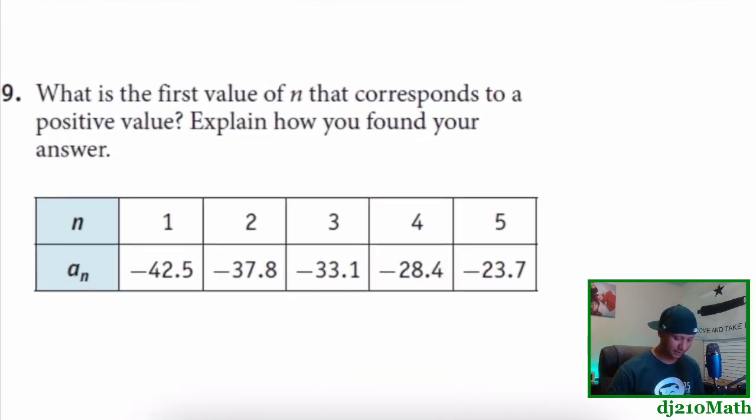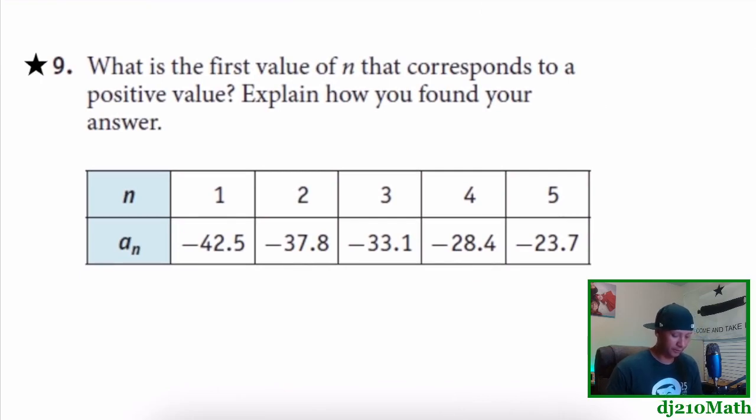Ooh, we're almost done. Let's go. So what is the first value of n that corresponds to a positive value? Explain how you found your answer. Oh man, all right. So what am I thinking? What's the difference?